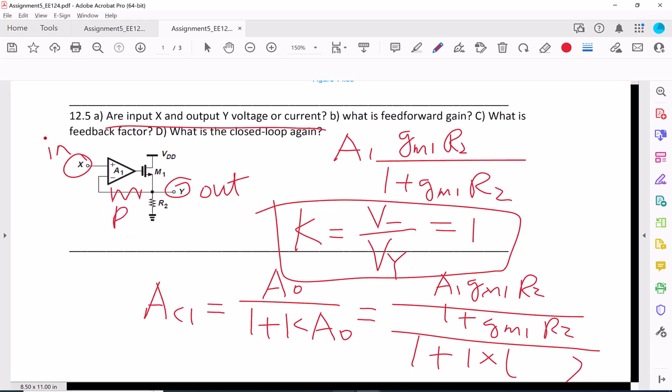And let's call this RF. There's no current. Why is there no current through RF? Because it's infinite impedance, right? Then V minus is still equal to Vy. So it's still equal to 1.